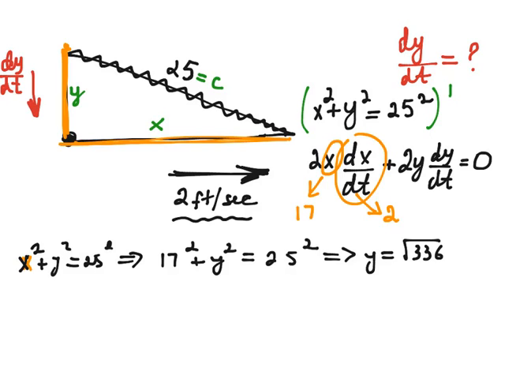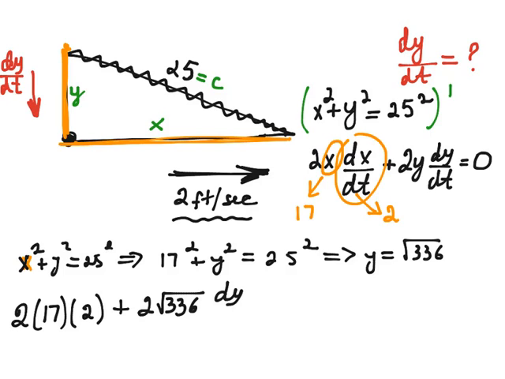So let's put it together. We get 2 times x, which is 17, times dx/dt, which is 2, plus 2 times y, y is the square root of 336, times dy/dt, and that's exactly what we're looking for, equals 0. 2 times 17 times 2, you can do that. You know what, this is simple at this point.